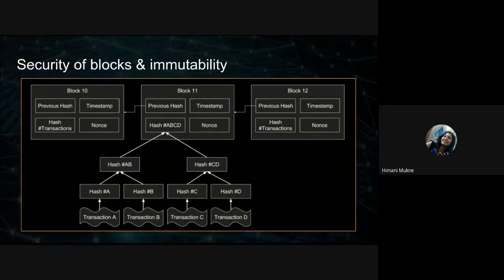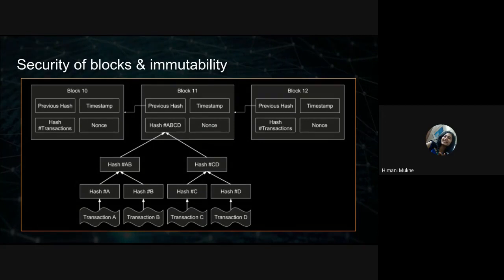So if we see how immutability is practiced here, you see that each and every transaction is hashed, and then it forms a metadata in the block. Now, every single block carries two things.